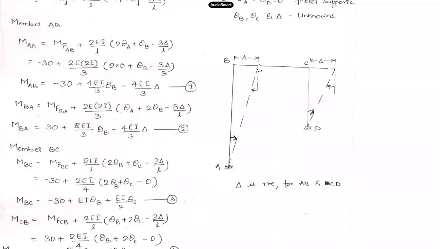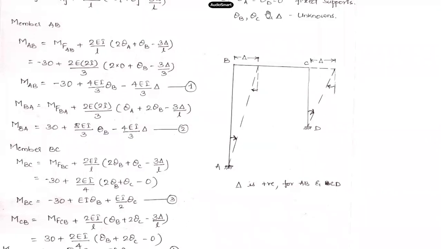So at joint B, with respect to the original vertical position of this member BA, what is the direction of rotation? It is clockwise. If you draw this deformed shape of the member, you'll come to know the direction of rotation.